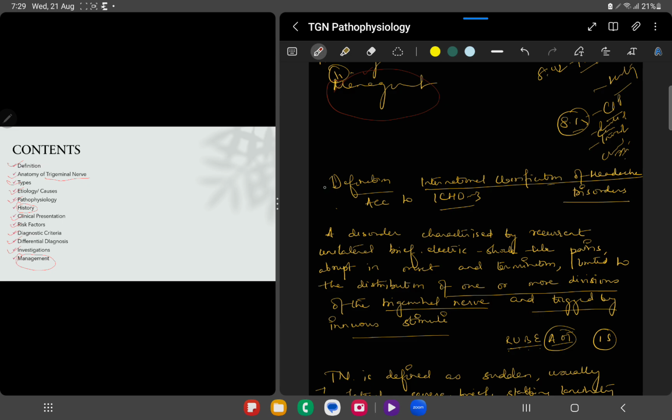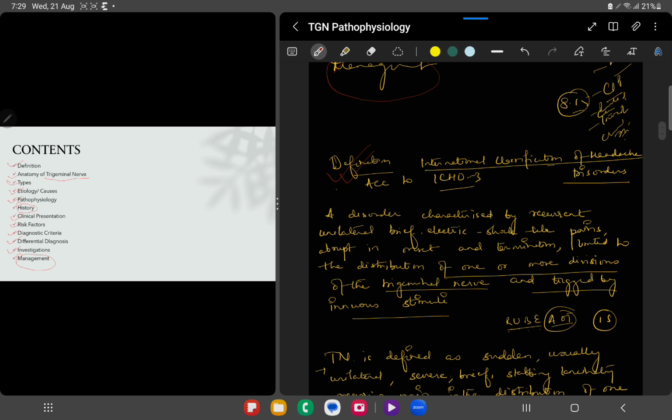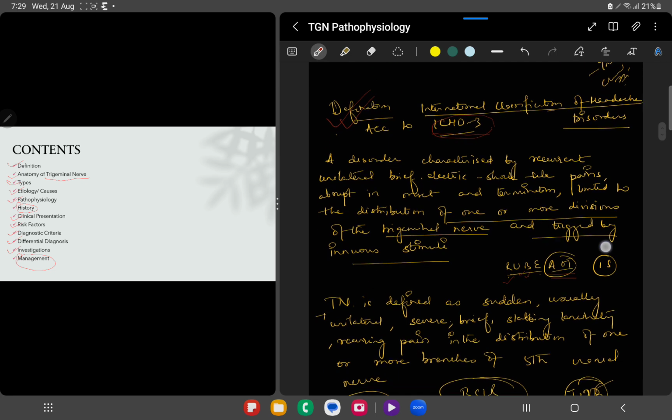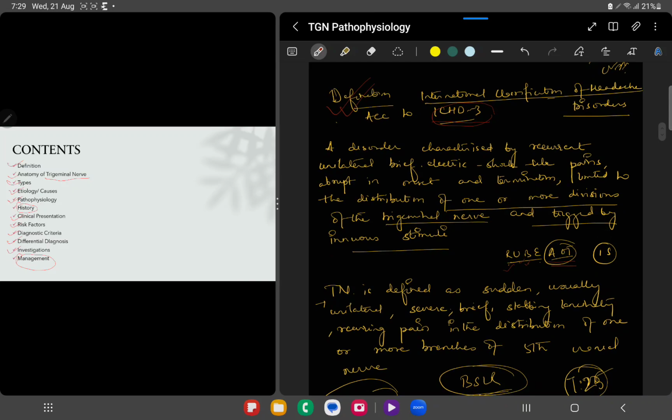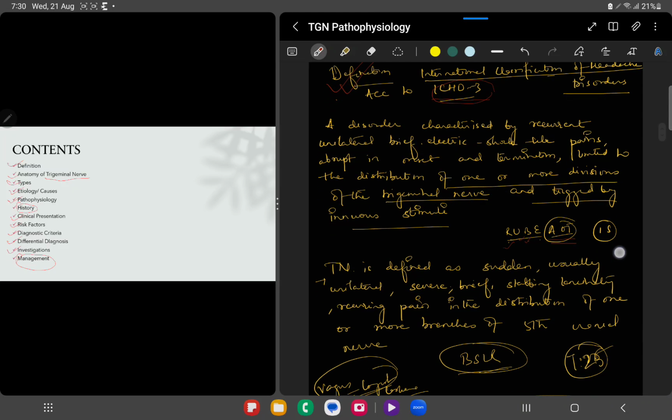First of all, I will come to the definition of trigeminal neuralgia. According to the International Classification of Headache Disorders, ICHD-3, it is a disorder that is characterized by recurrent, unilateral, brief, electric shock-like pain that is abrupt in onset and termination and is limited to the distribution of one or more divisions of the trigeminal nerve, and triggered by innocuous stimuli.